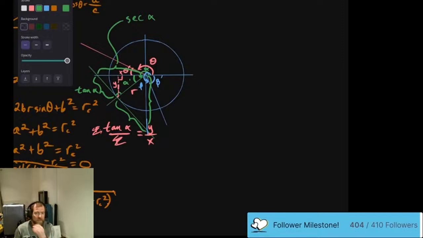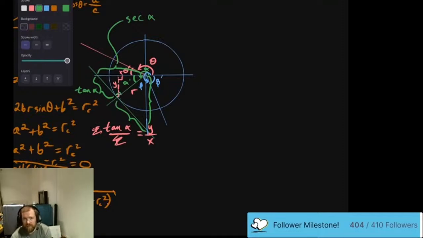And again, we can set up a proportion between those two triangles. So the secant of alpha is the hypotenuse of that outer green triangle. And we could put that over r, being the radius, which is the adjacent leg to alpha, or in this case, alpha prime, which is our reference angle.